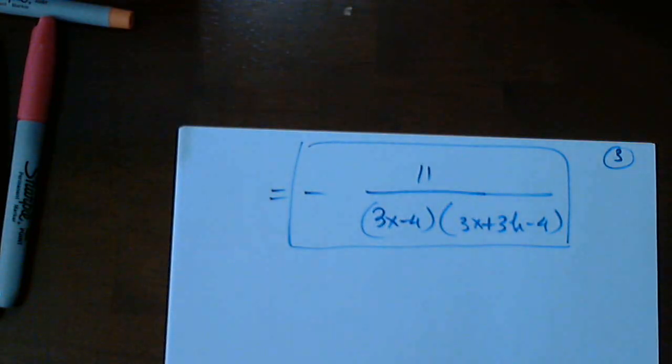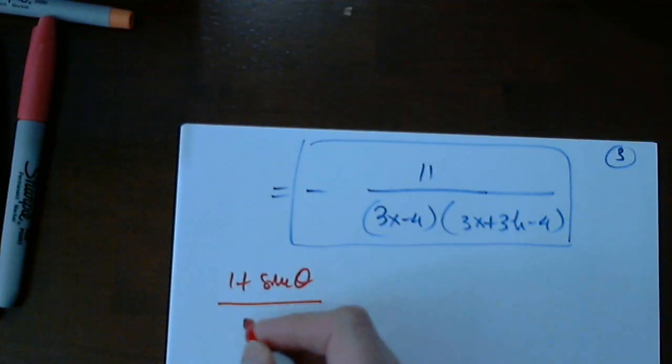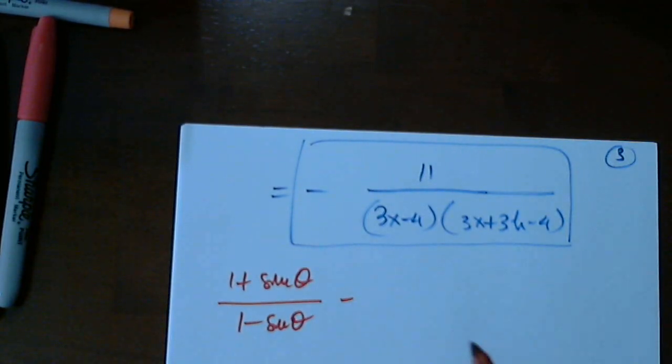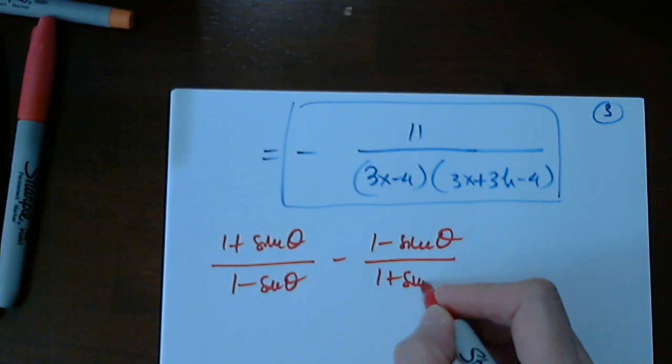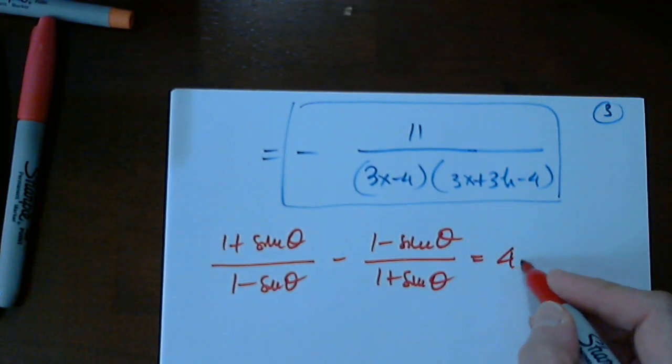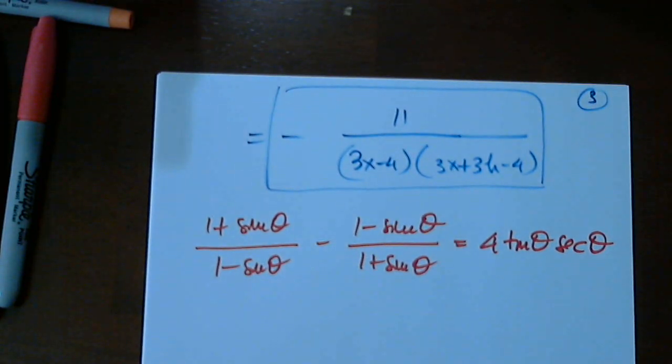Identities are probably the weakest thing I can do. So the identity on the test, let me find it. Is that one with a 1 plus sine theta over 1 minus sine theta? Is this the one? Something like that? I don't remember. It was something like that, yeah.